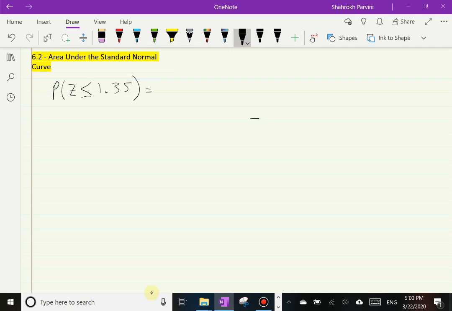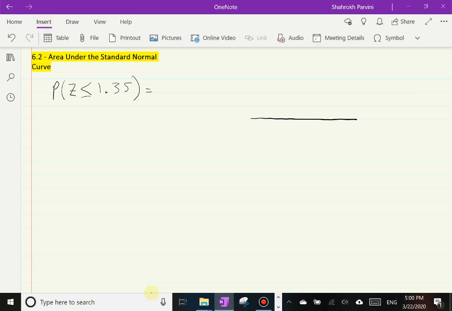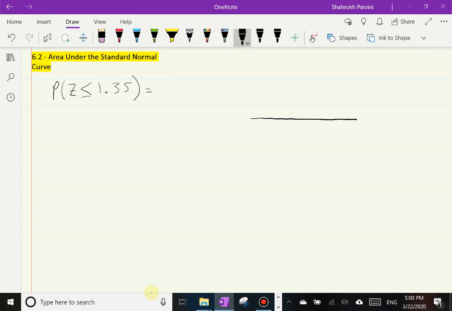Now, if I draw the curve corresponding to this, the standard normal distribution, it's going to look something like so.